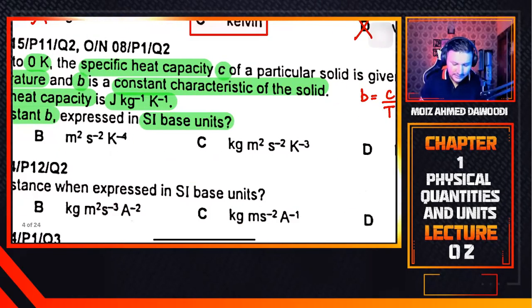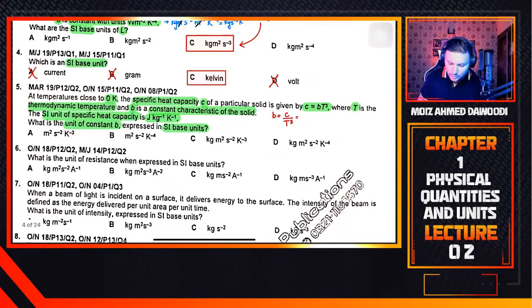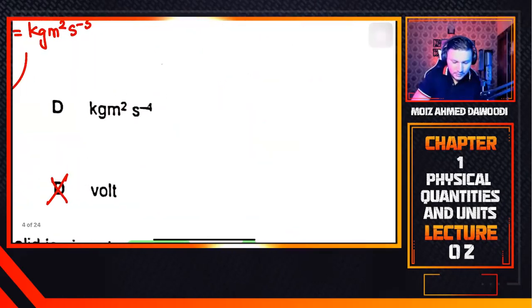They provided us the unit as joule kilogram inverse Kelvin inverse. Kilogram and Kelvin are base units, but joule is not a base unit. We need to deal with how to resolve the joule. So tell me, joule is basically the unit of work.